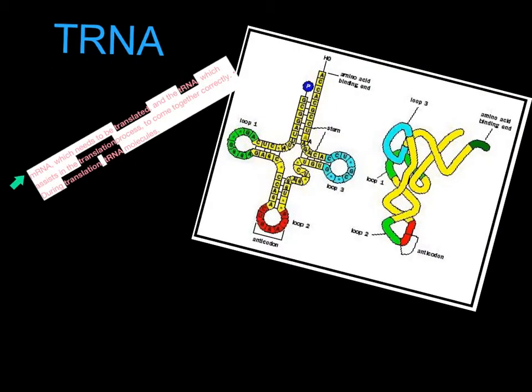This is the tRNA. This is the little passage I wrote, and it says mRNA needs to be translated into tRNA, which is a system of the translation process to come together correctly during translation. So this is a picture I found on Google, and this talks about the amino acid binding end.